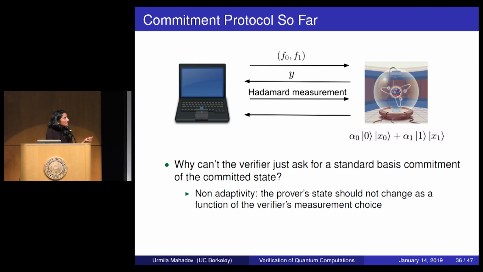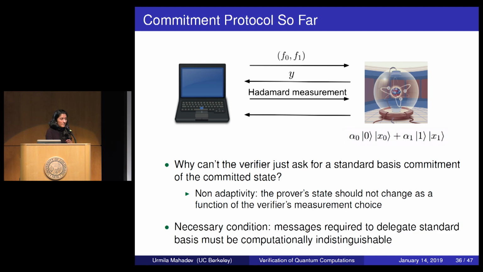The only leverage I have here is I can't really do anything about the Hadamard measurement. That's what I'm asking him for. But I'm going to change the functions f0, f1, so that as a result of sending him different functions, which are computationally indistinguishable to him, he's tricked into giving me a standard basis measurement even though he doesn't know it.